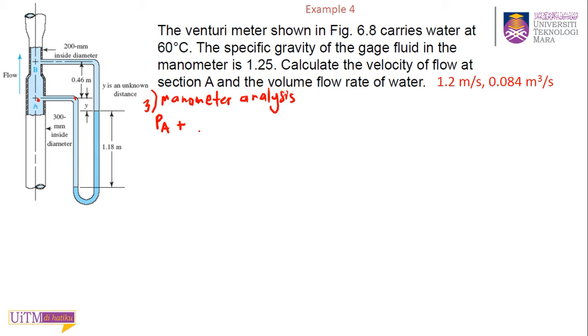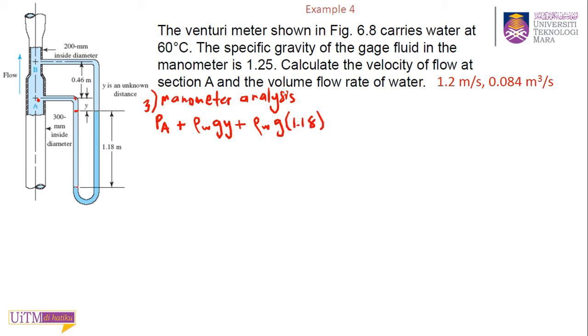So this is rho of the water, ni water, ni water. So rho of water times G times Y, kat sini. And then you still go down, so that means rho of water times G times 1.18.